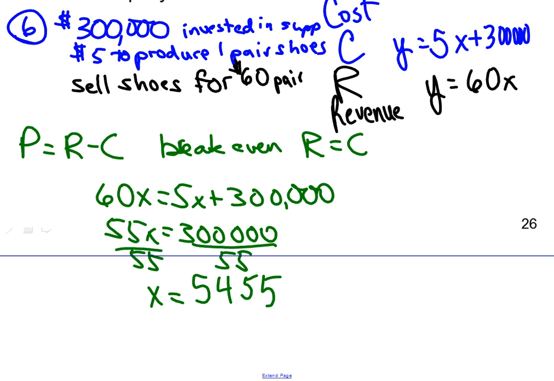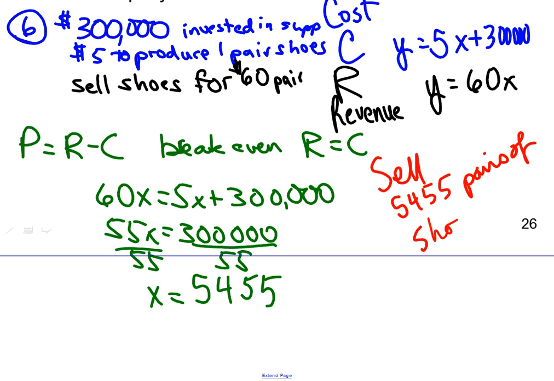And so we have to sell 5,455 pairs of shoes to break even. And so that is just a little problem that we wanted to go over as we look at that.